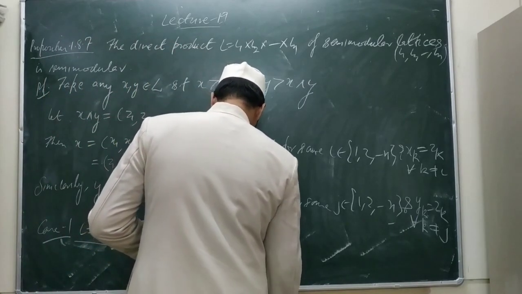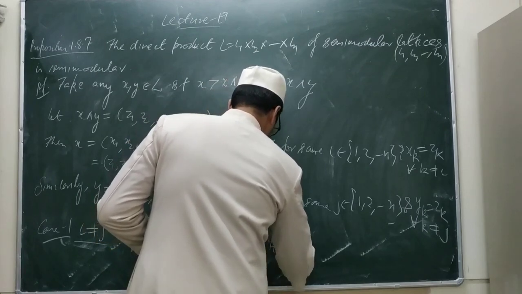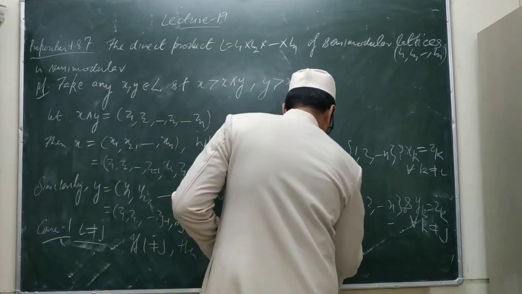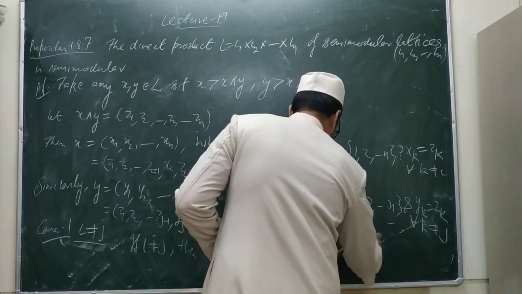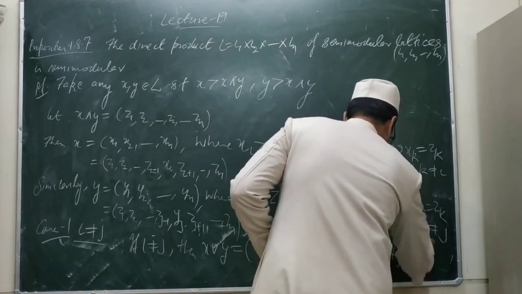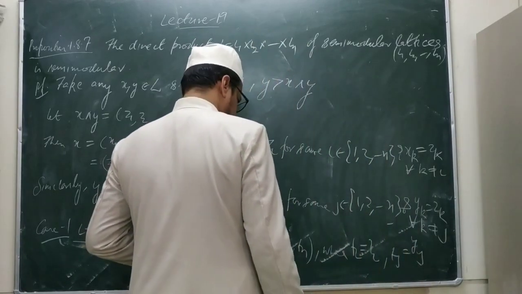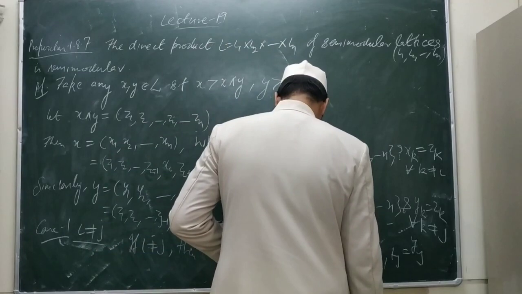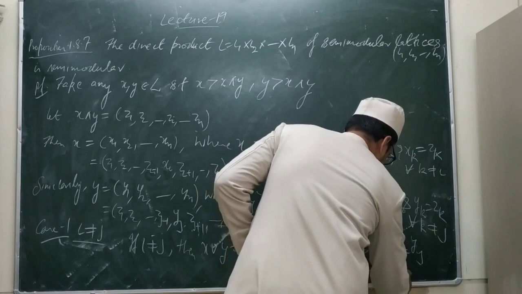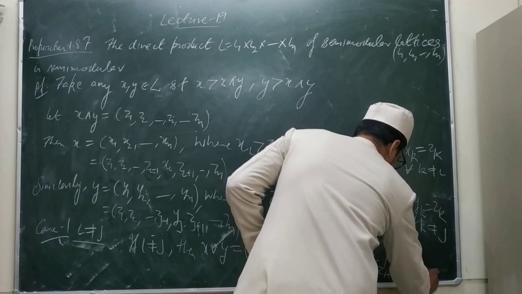x join y will be, we say like this, t1, t2, dots, tn, where ti is equal to xi and tj is equal to xj, yj. tj is equal to yj, and tk is equal to zk, where k is not equal to i, j.